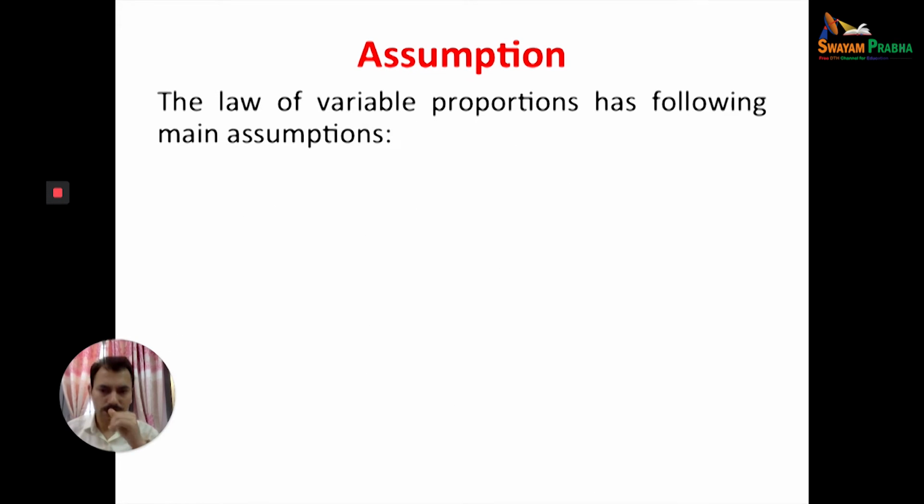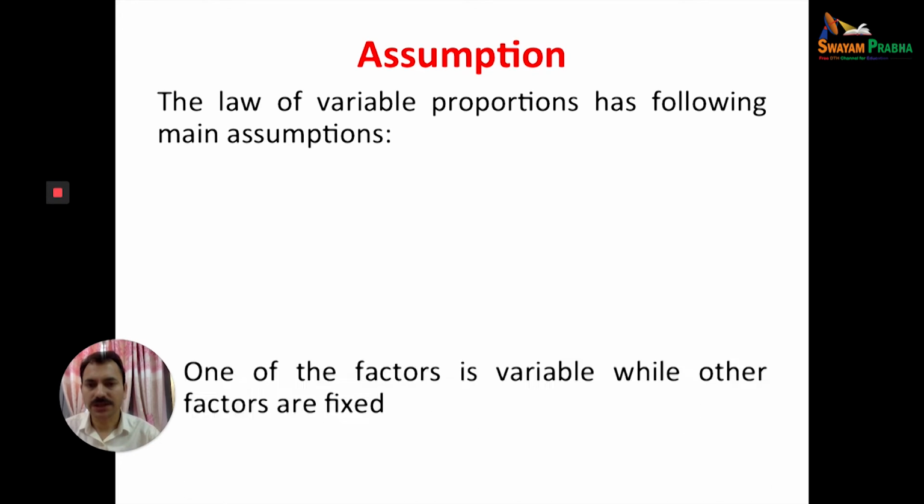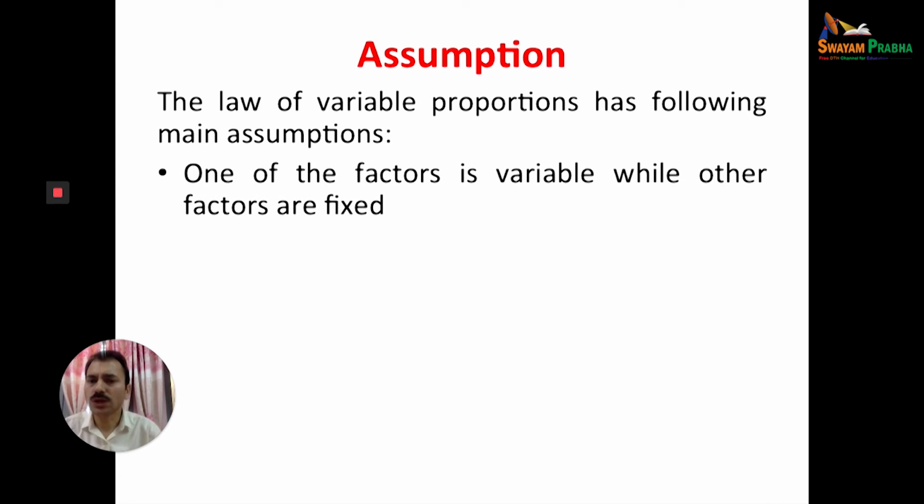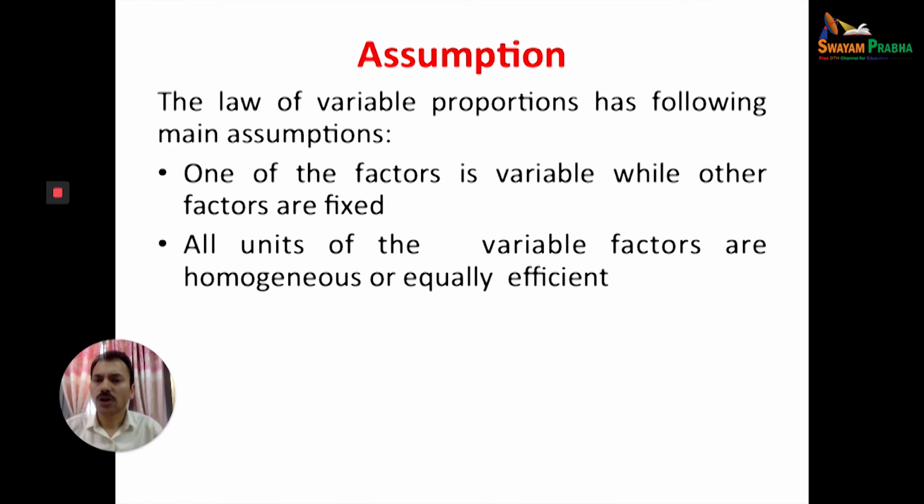So this law is based on some assumptions, and only when we accept these assumptions will this law be applicable. The main assumptions are: first, one of the factors is variable while the others are fixed. We have to assume that only one factor of production, say labor, is variable and the other factors are constant. Second assumption: all units of the variable factor are homogeneous, or equally efficient.